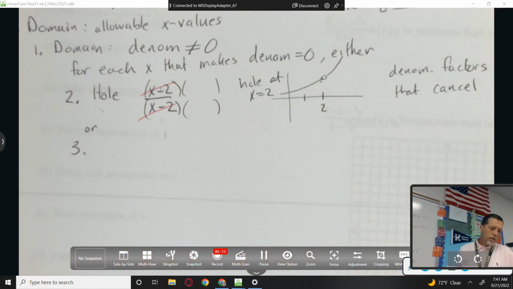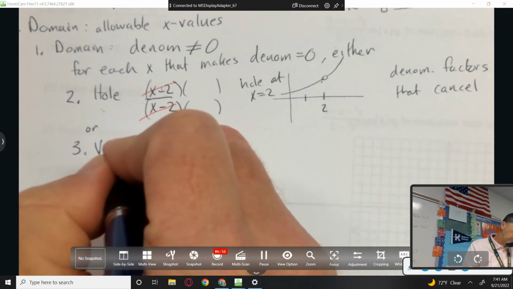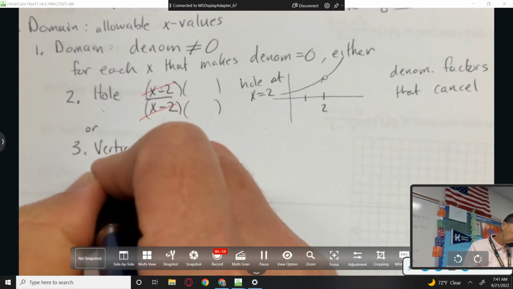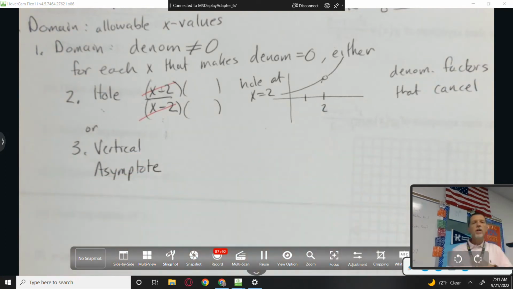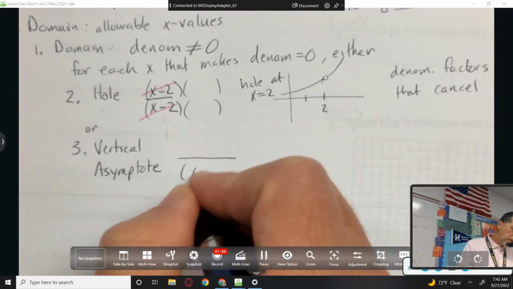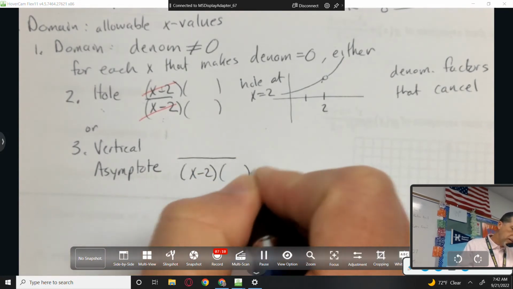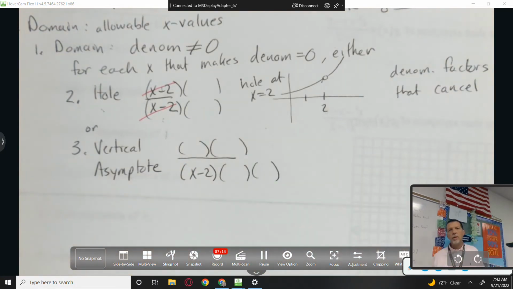Or the second option is a vertical asymptote. That would be a factor of the bottom that doesn't match anybody in the top. So it doesn't cancel.